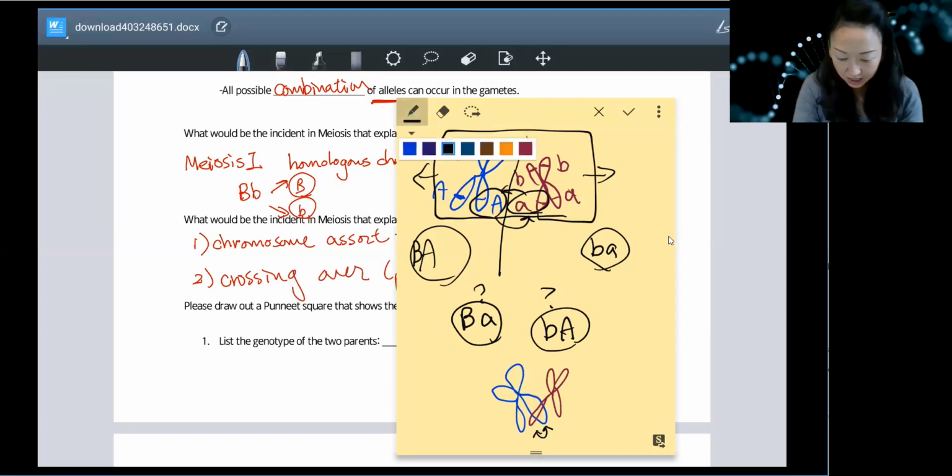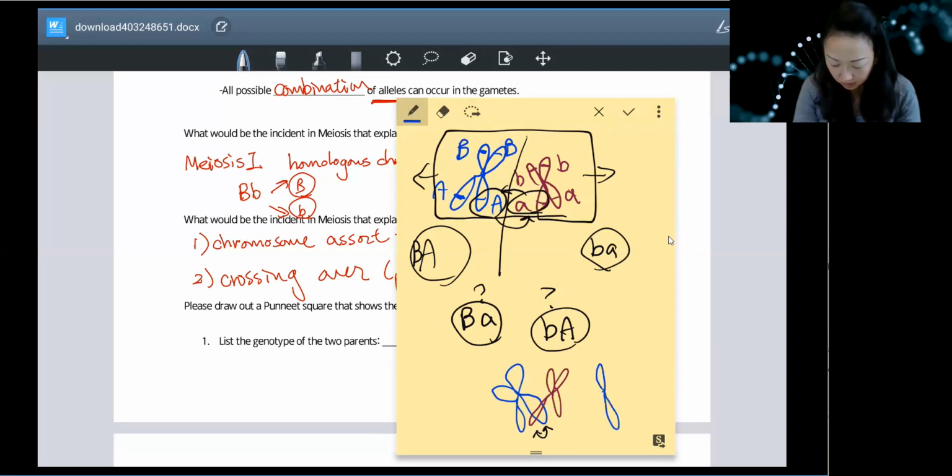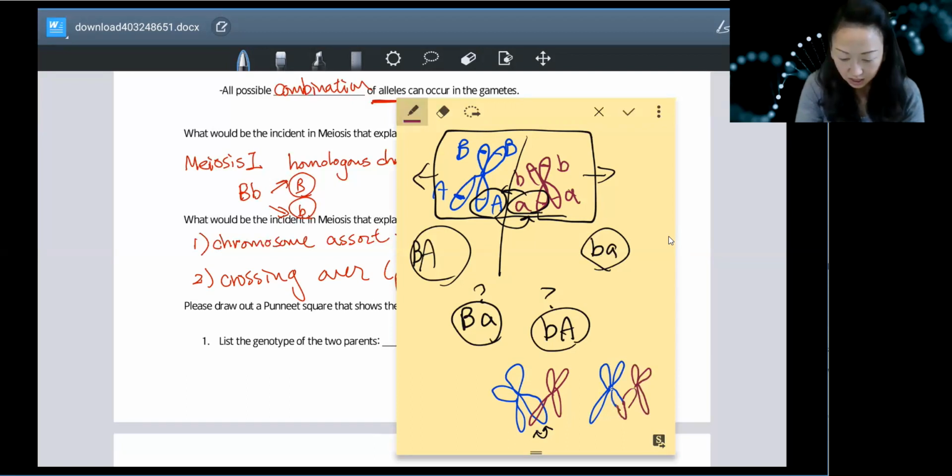So then you end up with something like this, okay? Now they're going to exchange. This blue is going to become red down here, and the red is now going to have blue down here.